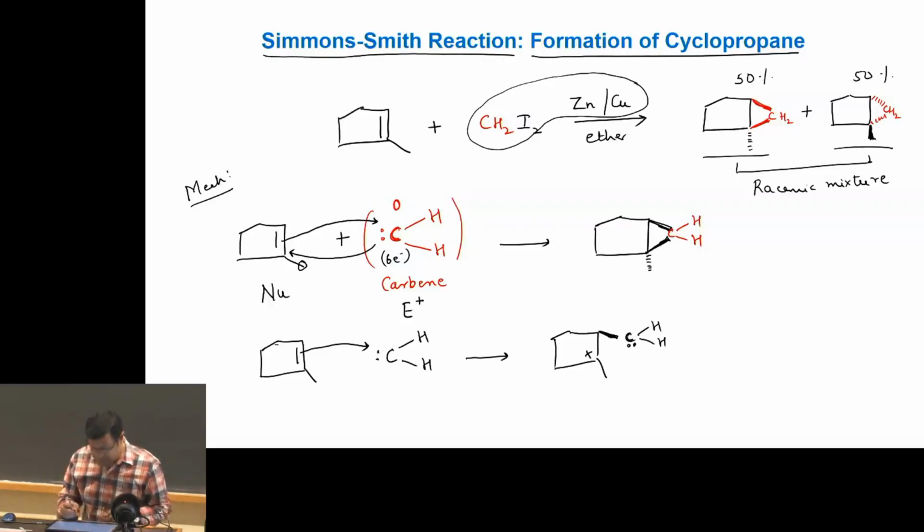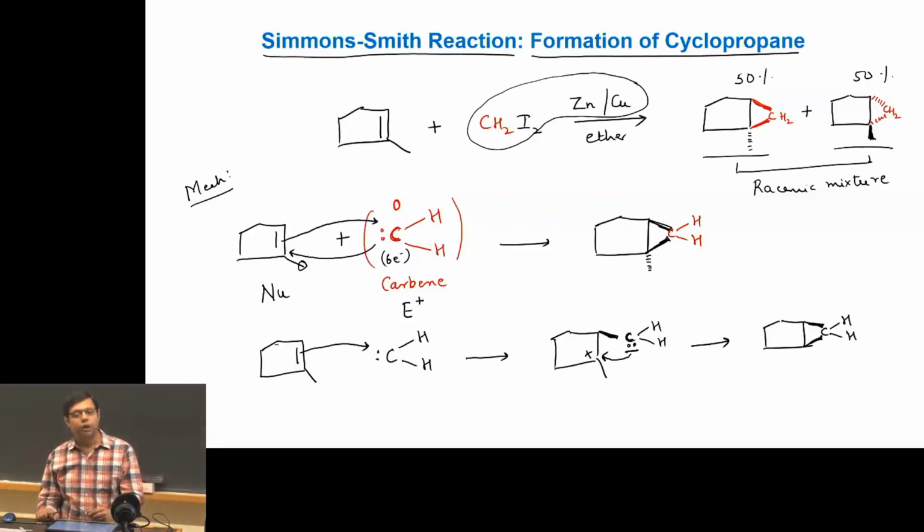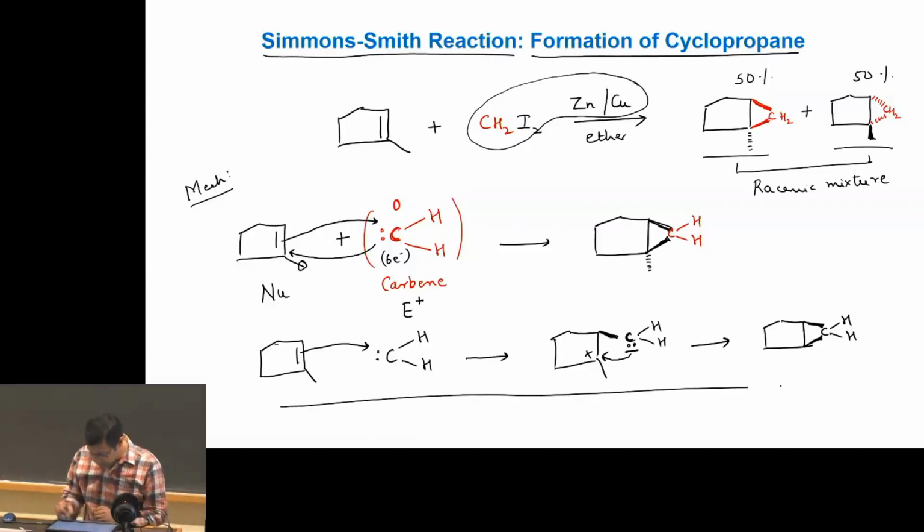Now this carbon has 3 bonds, 1 lone pair. That's a formal negative charge. Carbon with 8 electrons, 3 bonds is a formal negative charge. Now this negative charge you can think is going back to that carbon and forming the bond of the cyclopropane ring. Right? So you can visualize this mechanism like this to simplify it. But keep in mind it is happening in one step.